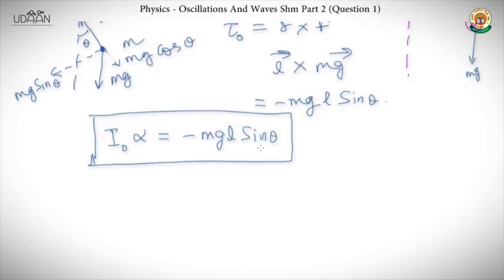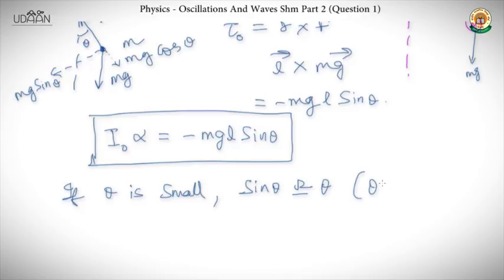So a simple pendulum is not in SHM when the angle theta is very large, but this can be approximated to SHM if theta is small. If theta is small, sin theta can be equated to theta, when theta is in radians, right? Yeah, theta is in radians. Please don't write this in degrees. It will make the question very, very funny.